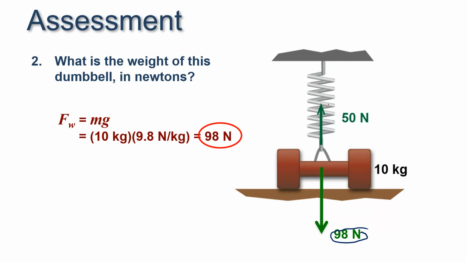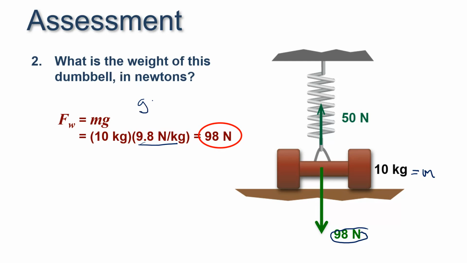So it doesn't matter what the spring is doing. We can find the weight by just figuring out, well, what's the mass of this thing? Well, this is the mass. And what's the acceleration due to gravity?